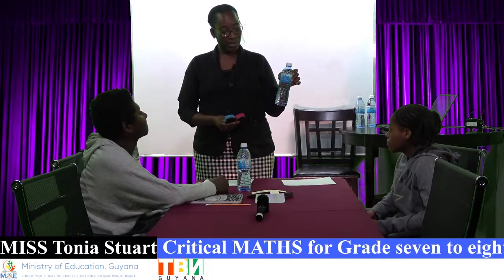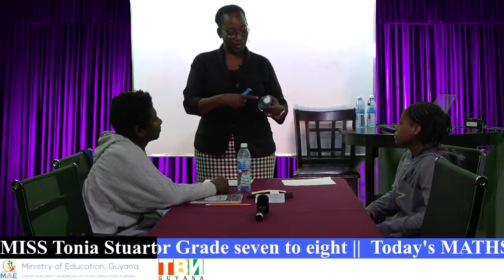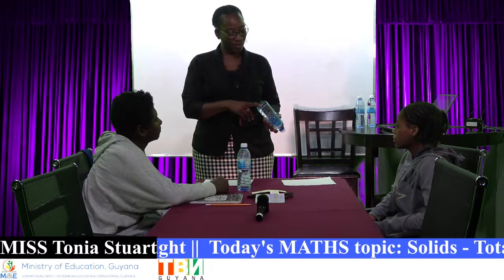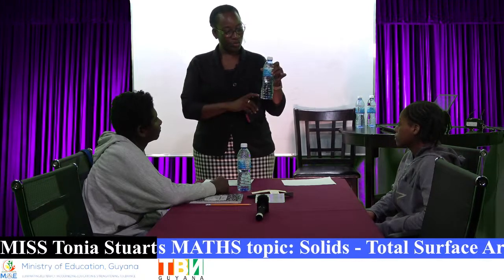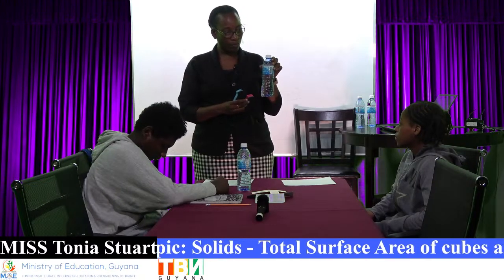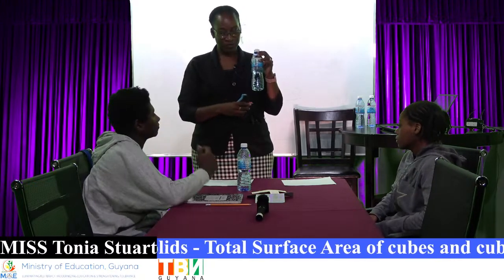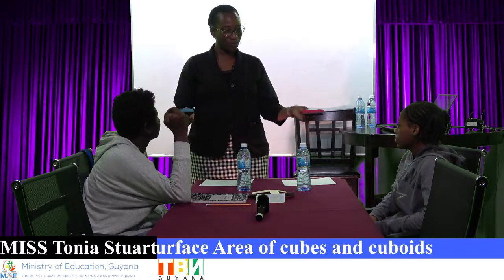We see in a bottle that it is of different dimensions, different parts, but we can recognize that there is a circle and a larger circle. But as I said, we would have to do some dissecting to know exactly what shape we can come up with to find the total surface area for this.